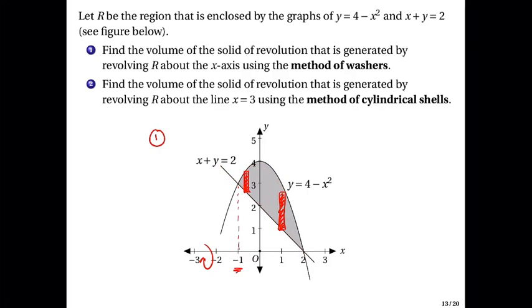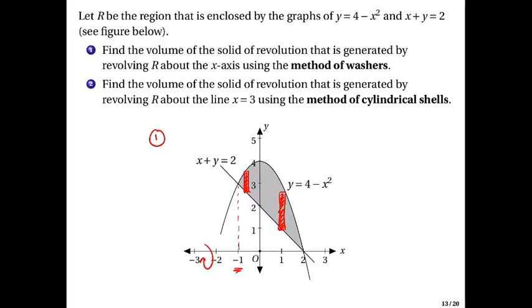So as the vertical strips move from left to right, we will need the leftmost endpoint, which is at this point, and this occurs at x equals -1. And then the rightmost endpoint is here, and this is at x equals 2.